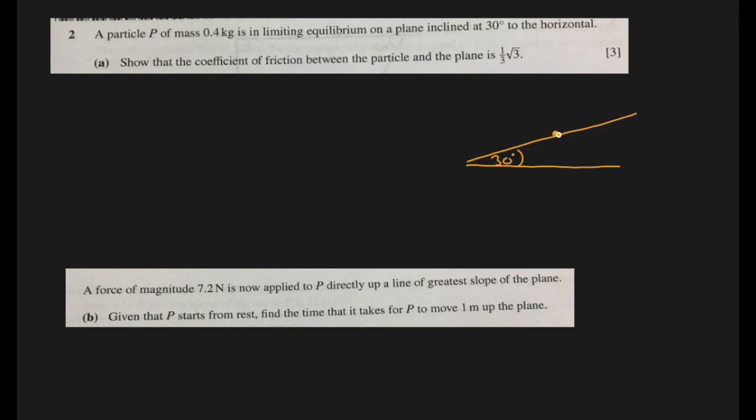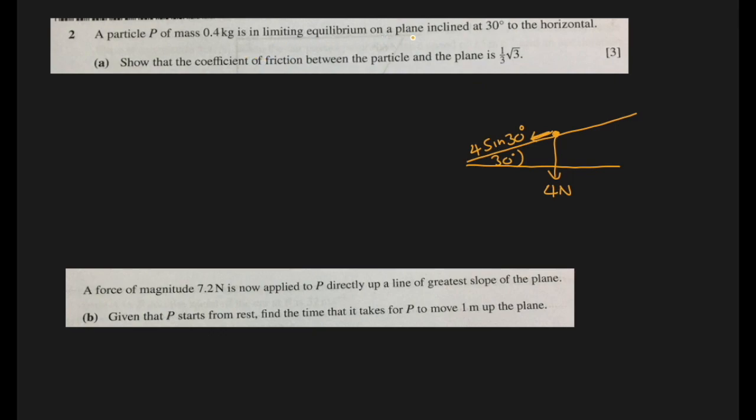Okay, the mass is 0.4 kg. That means the weight will be 0.4 times 10, 4 newtons will be the weight towards the ground. And it is in limiting equilibrium. The component of this weight in this direction is always the sine component. So it will be 4 sin 30 degrees.